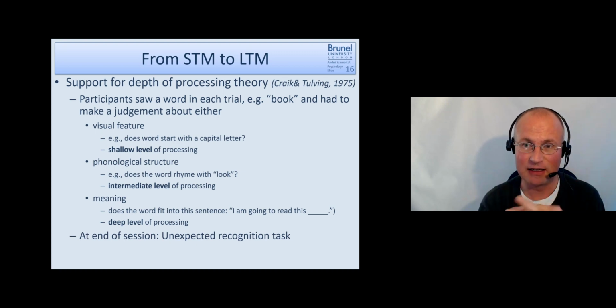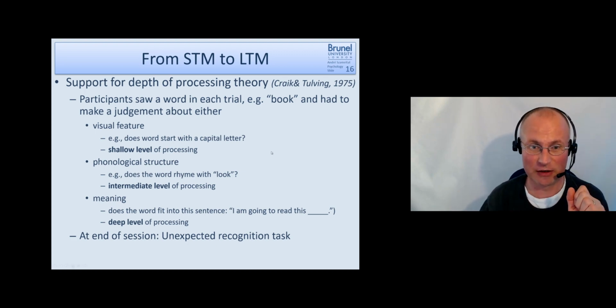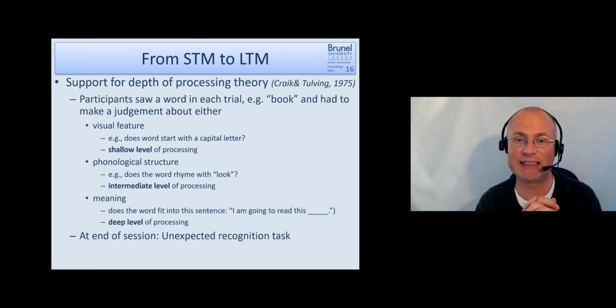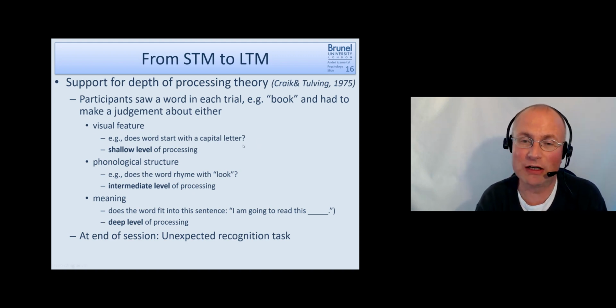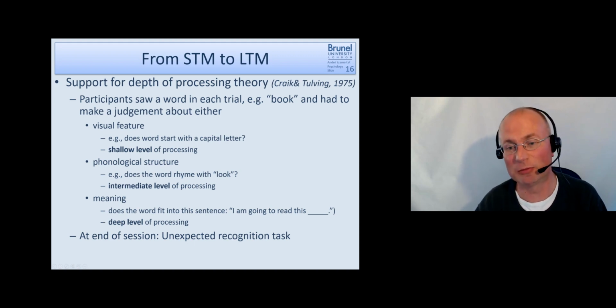And like in the other study, they did an unexpected recognition task at the end of the session, where they presented participants the words from the task intermingled with words which they hadn't seen in any task before. They looked at how well participants can remember the words, and whether the words from the shallow task differ in recall performance from the intermediate level of processing and from the words of the deep level processing.